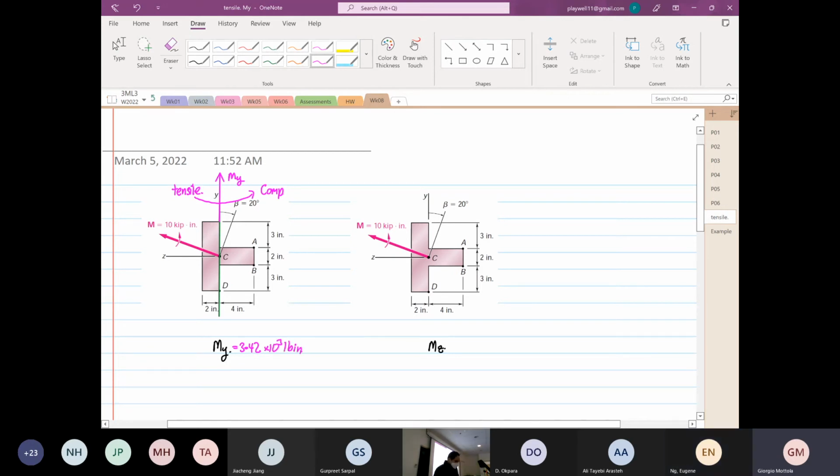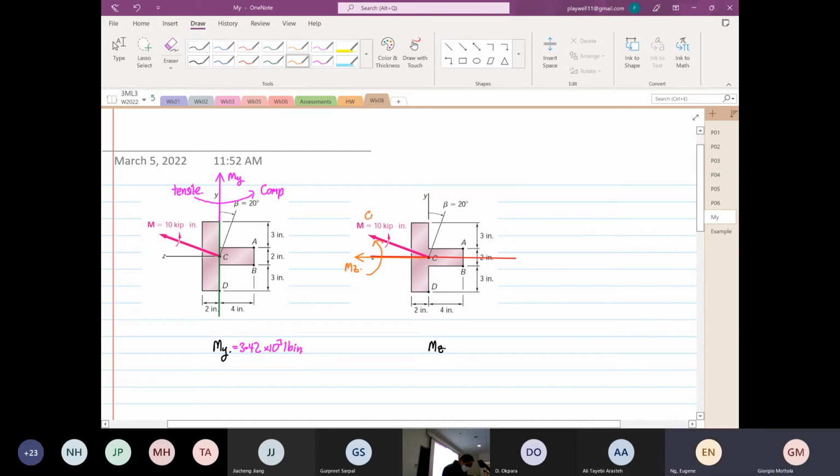And then we also know that we have an MZ. So this is our MZ. We are also aware that the centroid through observation is down here. Then we draw MZ.